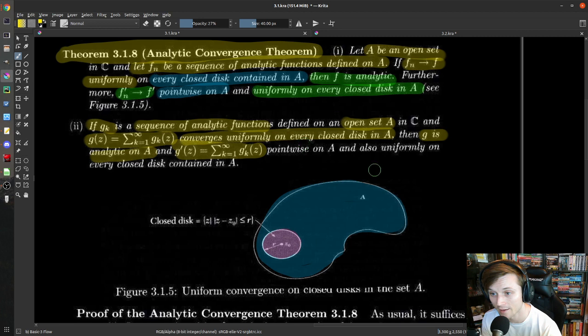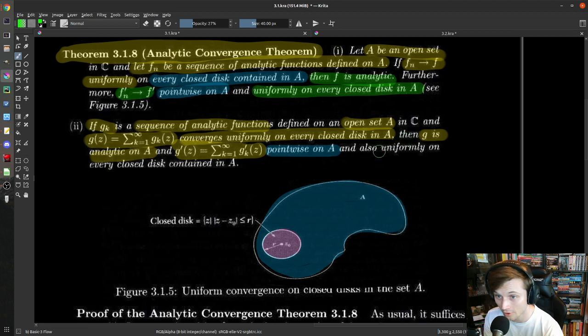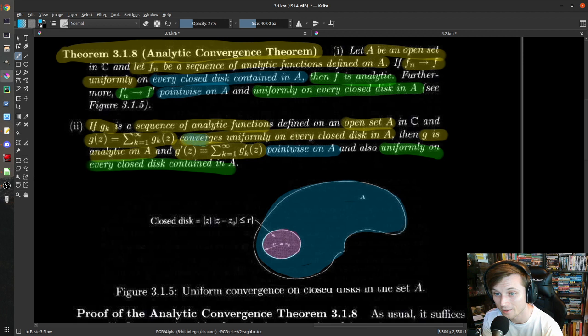Pointwise on A, and I will highlight again to make it clear, pointwise on A, and also uniformly on every closed disk contained in A. And in fact, if I want to stay consistent with how I did it up here, honestly, I should have made this part blue to make it clear that I mean every closed disk contained in A.